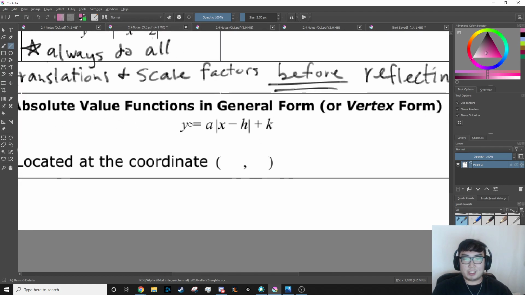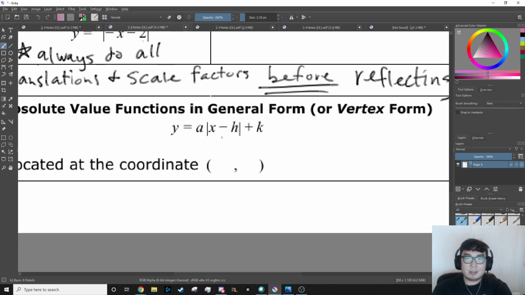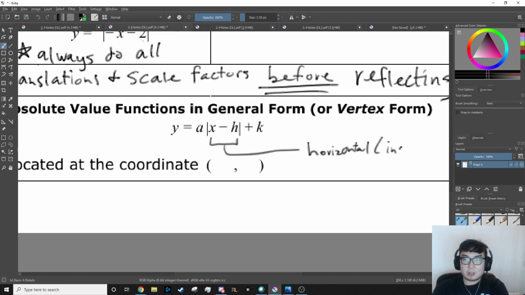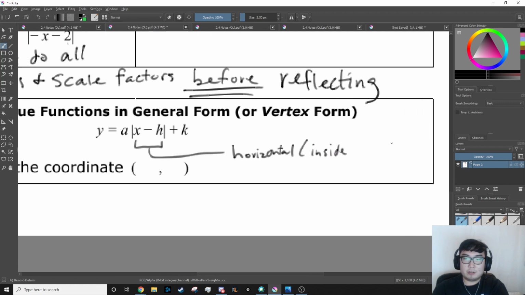Everything inside the absolute value, to be specific, is talking about horizontal, and everything outside is talking about vertical.